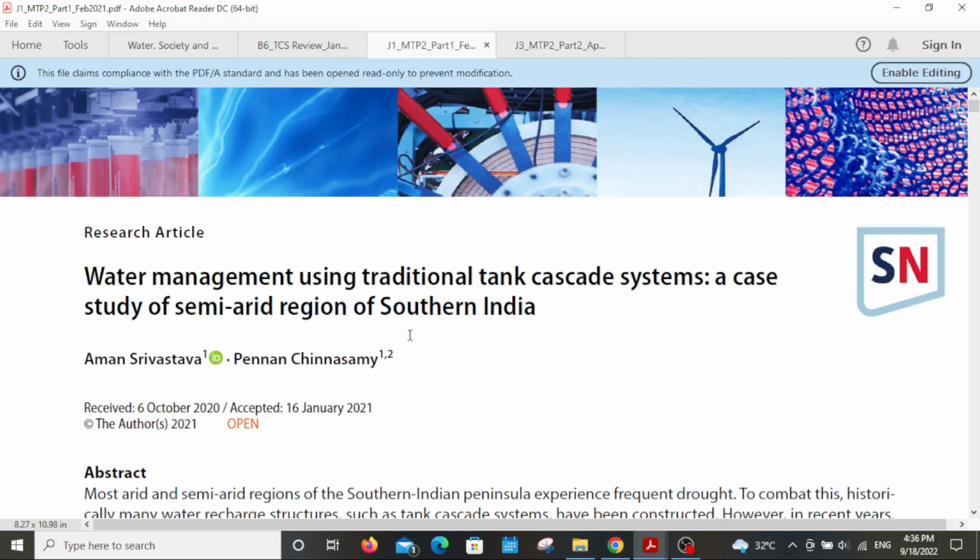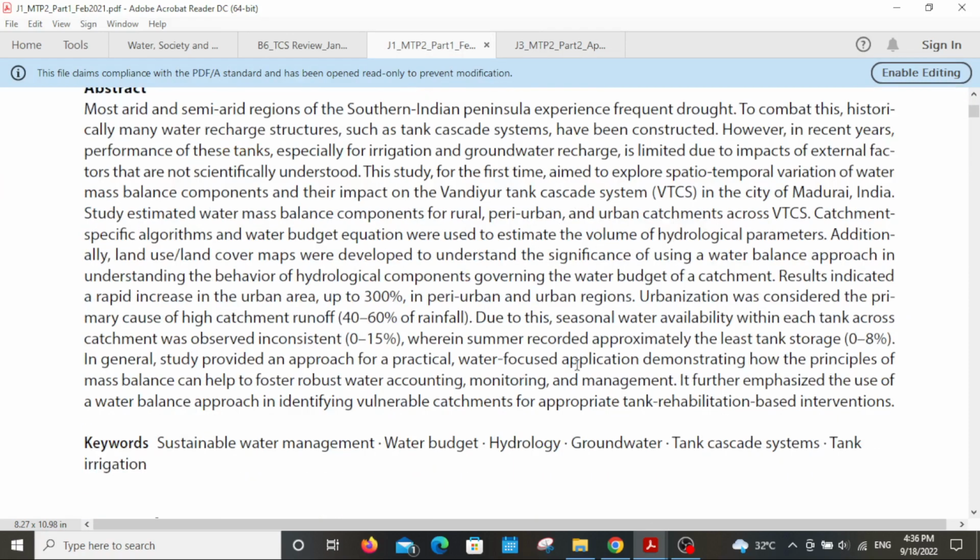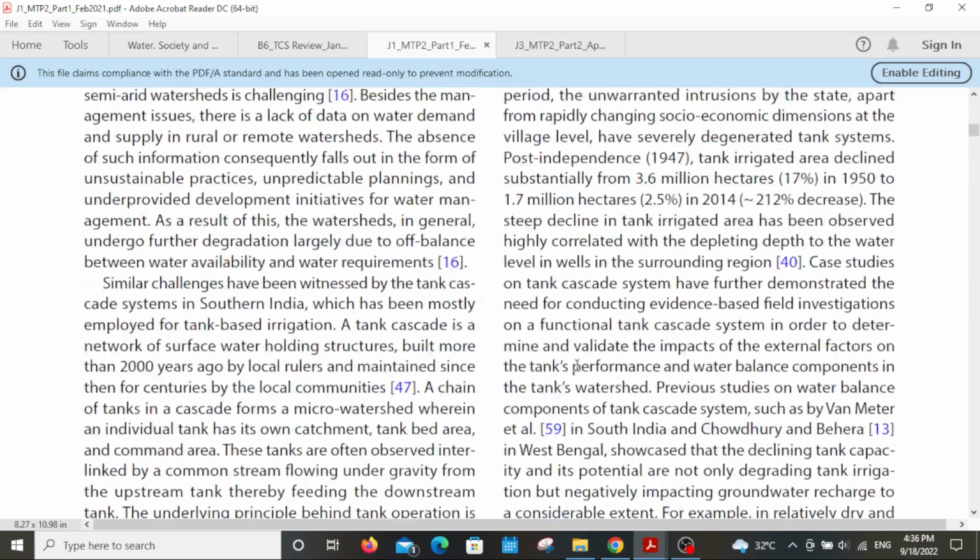Right, so starting with our reference paper number 1, where our focus is more on the water balance approach, water mass balance components.